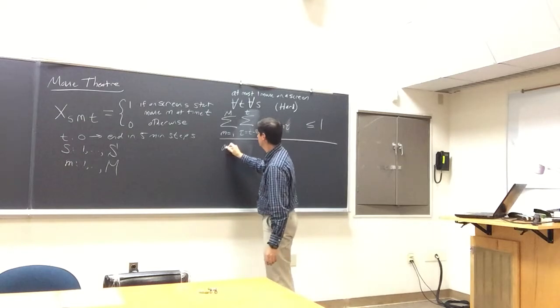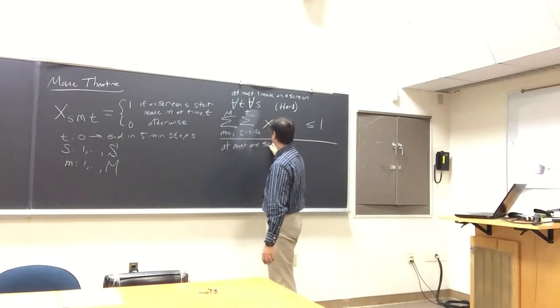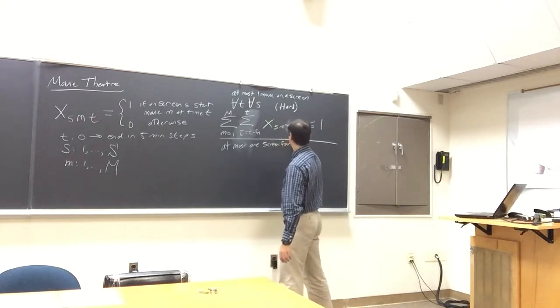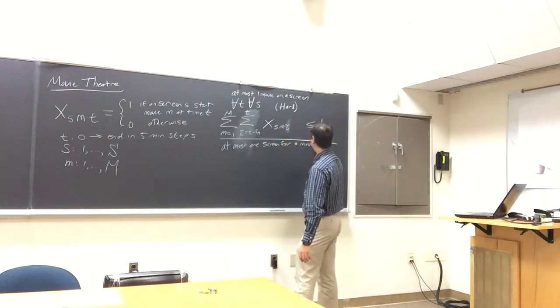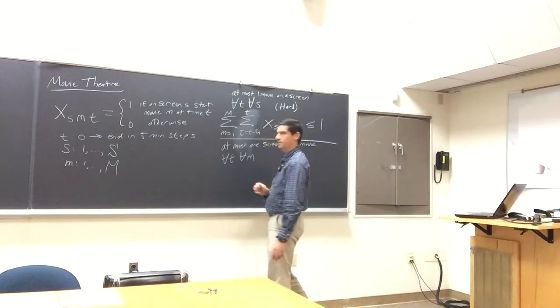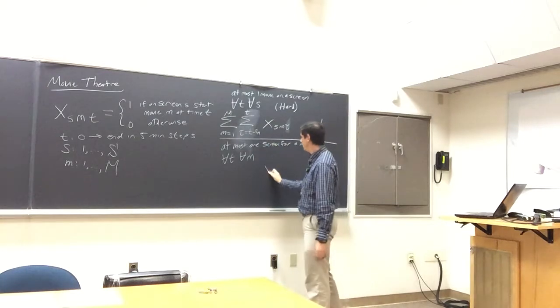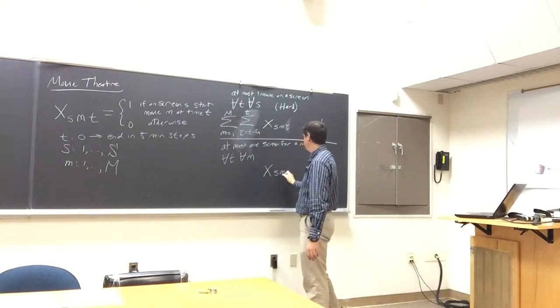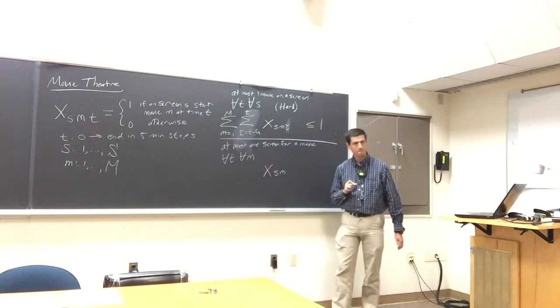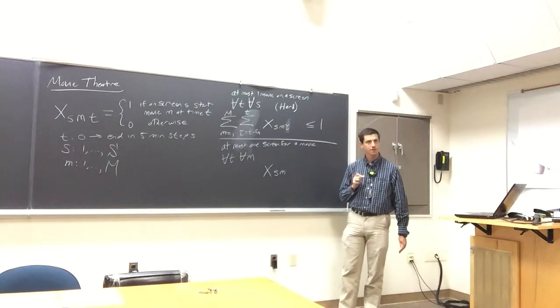So we'll do at most 1 screen for a movie. This would be for all times, for all movies. We want to make sure it's showing on at most 1 screen. So somehow I'm probably going to have an sum over M. And then do you think I want a T or a tau? Tau.